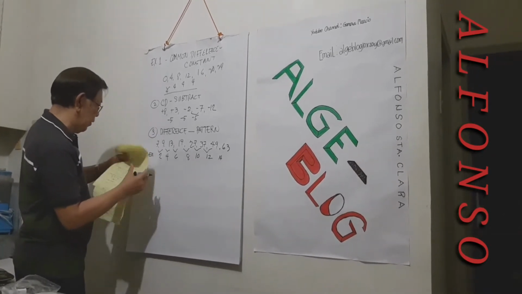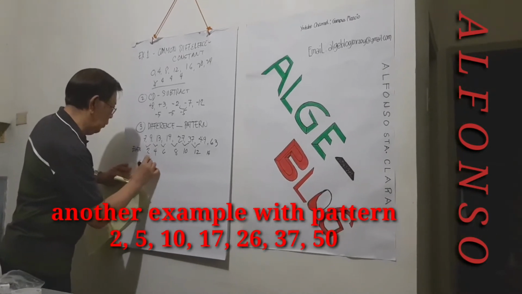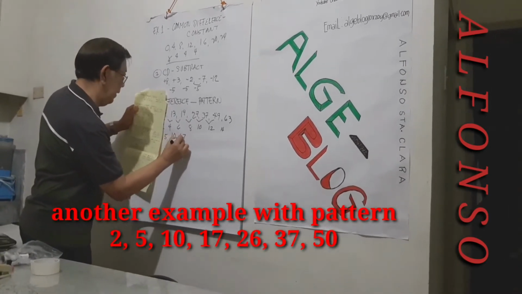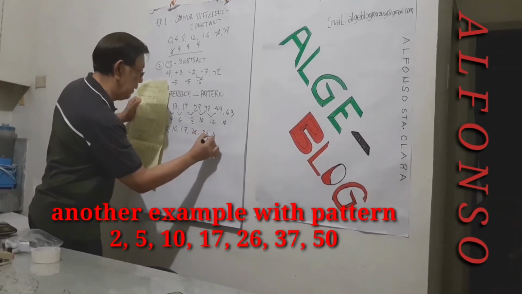So let's use something else: 2, 5, 10, 17, 26, 37, 50.